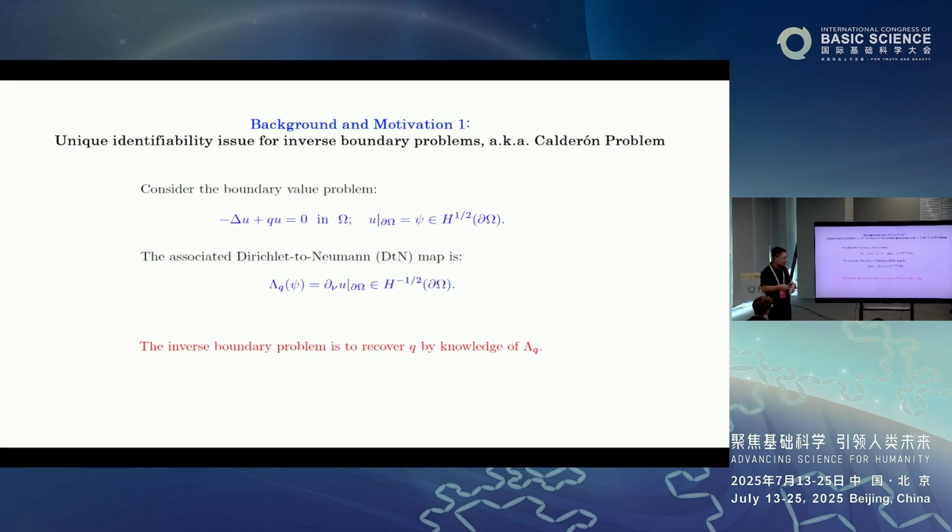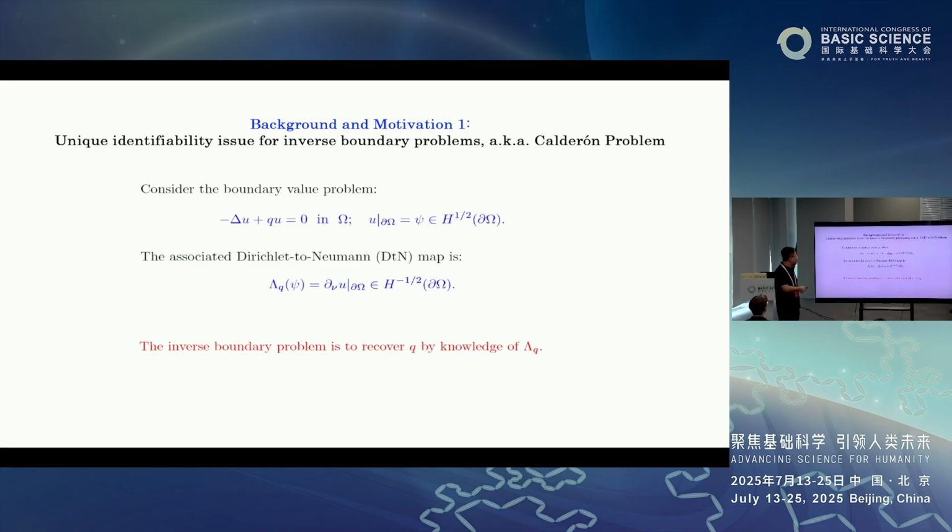Now the inverse boundary problem is to recover Q by knowledge of lambda Q. In a practical scenario, it is like having the boundary information of the potential field U, and you want to recover the coefficient Q. So that's Calderon's inverse boundary problem.